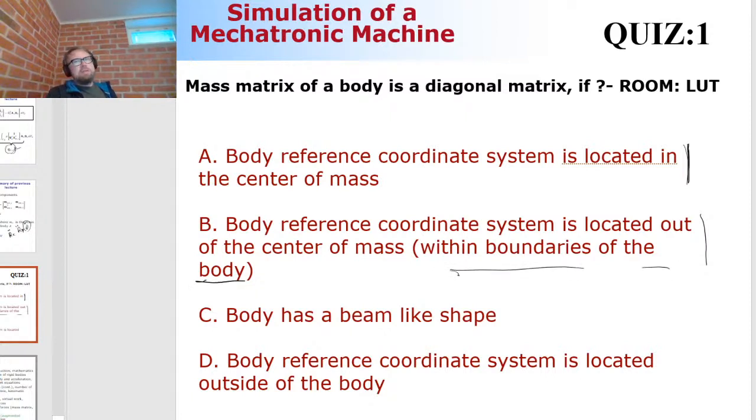Sorry that I was misreading that. The body has a beam-like shape; or the body reference coordinate system is located outside of the body. So those are the four choices. Only one is correct, but which one is correct?